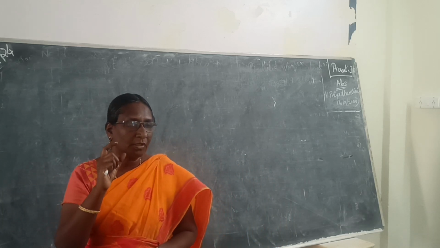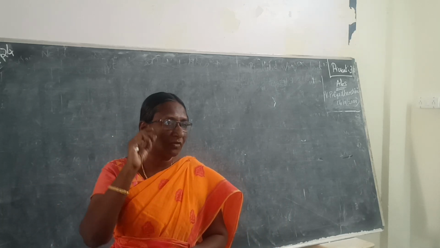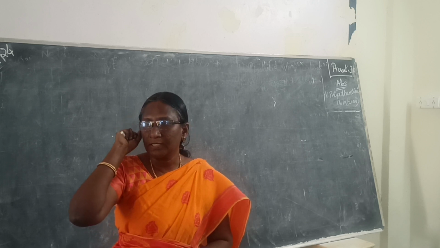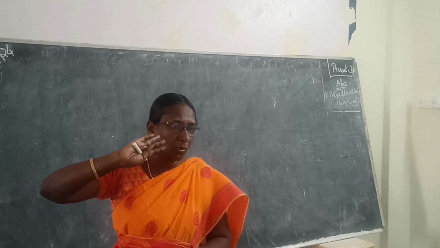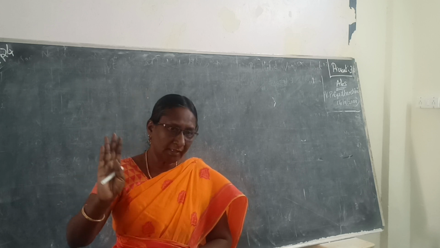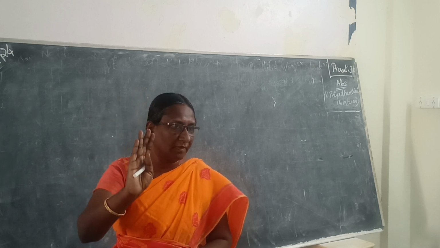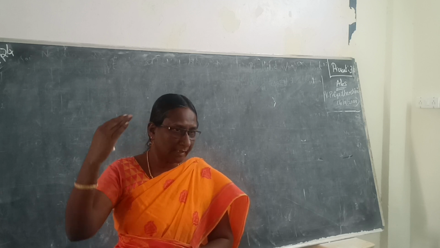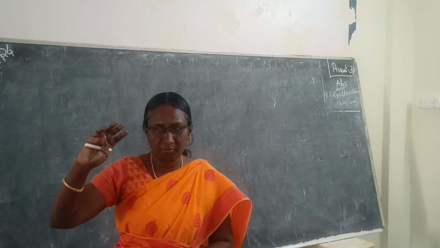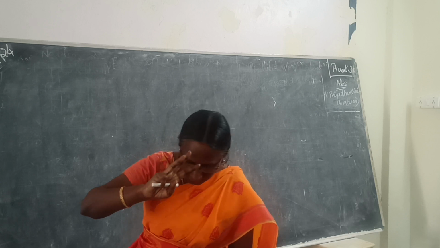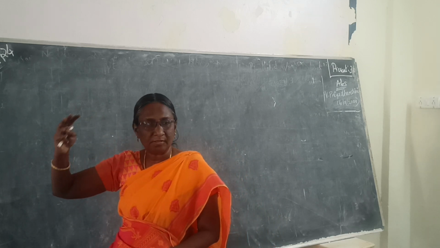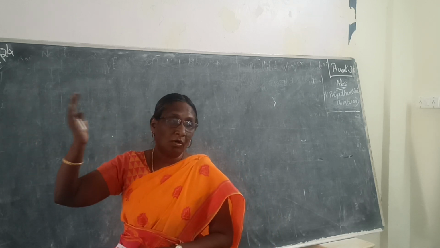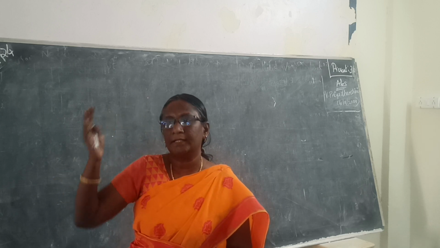Suppose a circuit consists of three sources. We consider a single source and remove the other sources, and find the current. Then, second step, we consider another source. The third step, we consider the third source. Then we add all the values, that is the net current value.